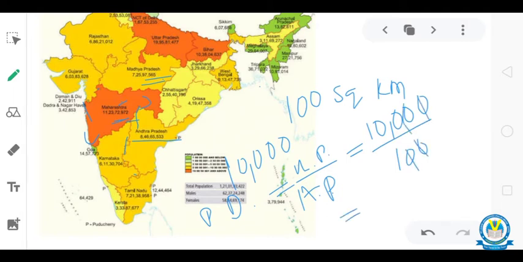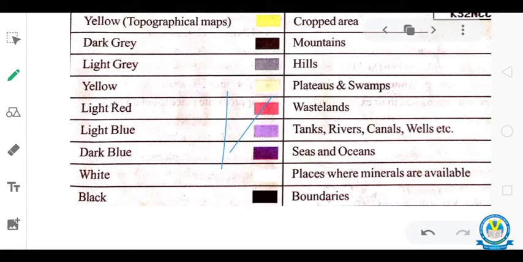So, here it is 100 per square kilometer, and each square kilometer consists of 100 persons. Okay. Now observe the table. It gives the information.